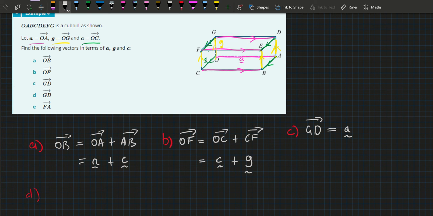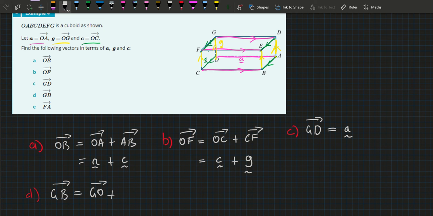Example D. So that equals G to B. We're going to go along G to O, yeah, so G to O. Now remember, G to O is the same as minus O to G, okay?